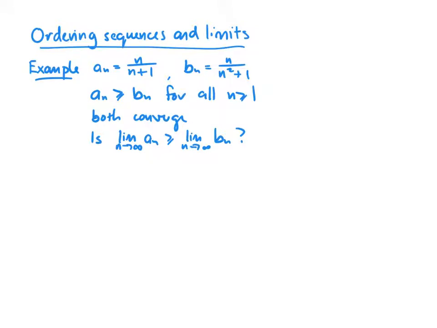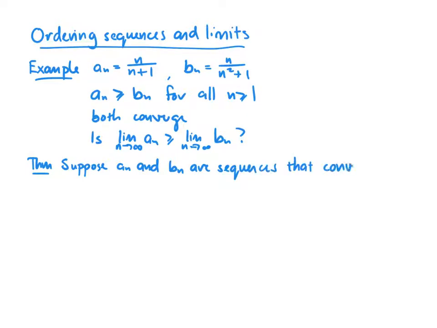All right, so here's a theorem to discuss some of these ideas. So this is the order theorem for sequences. So suppose a sub n and b sub n are sequences that converge to L sub a and L sub b, respectively.